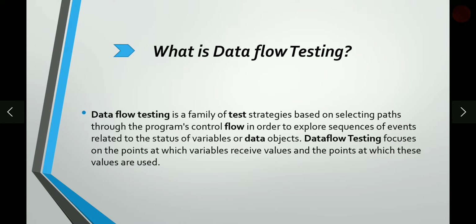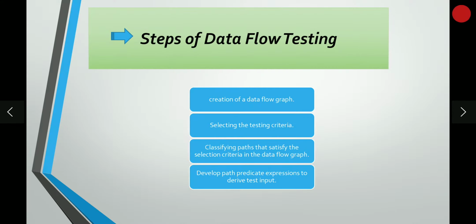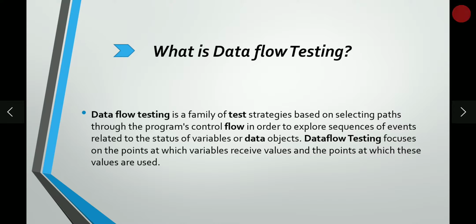Coming to the definition, what is data flow testing? Data flow testing is a family of test strategies based on selecting paths through the program's control flow in order to explore sequences of events related to the status of variables or data objects.